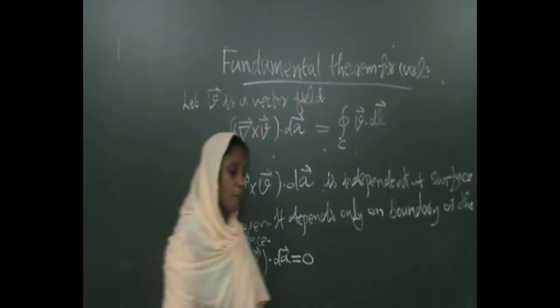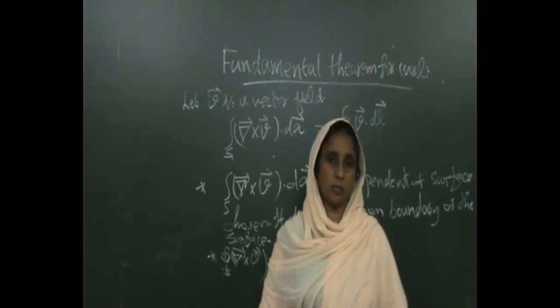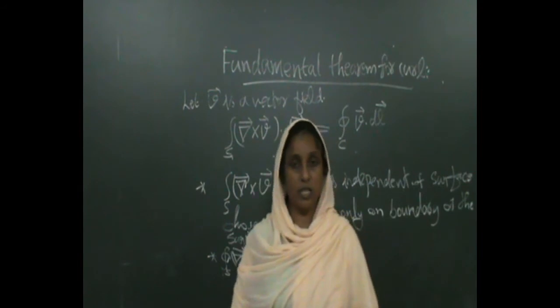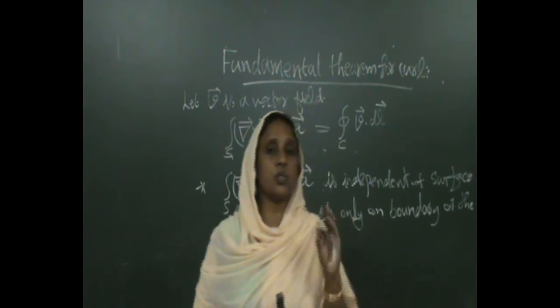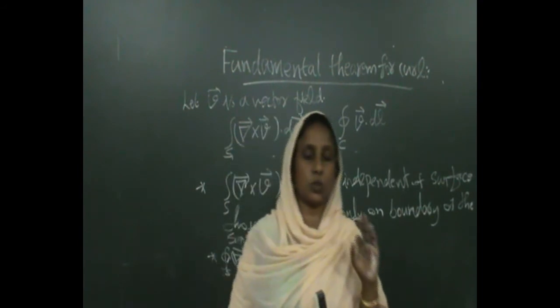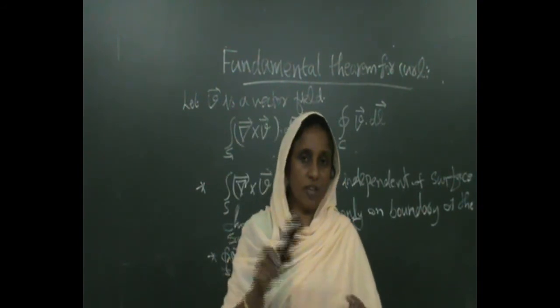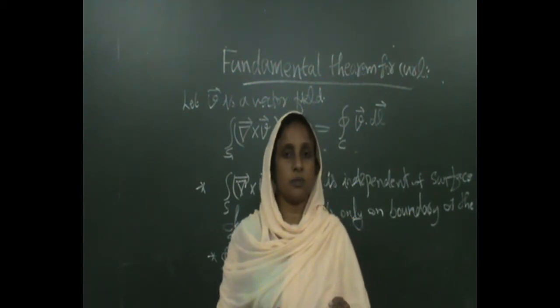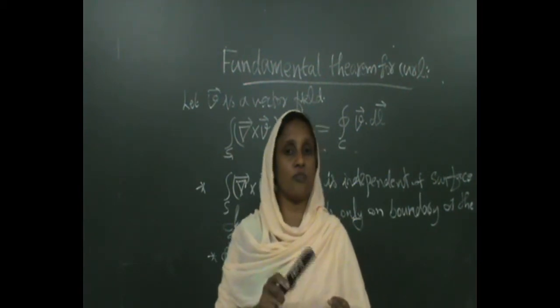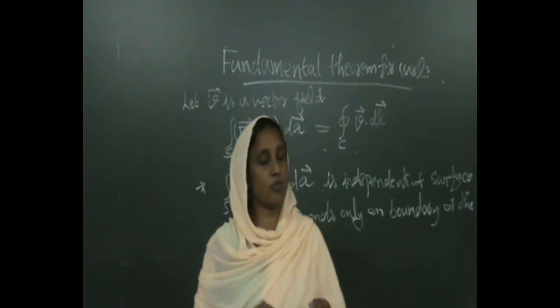These are the main points connected with this fundamental theorem for curl. Here we state that the total swirling of a vector field is always equal to its circulation. Another point is that the surface integral of the curl of a vector field is always independent of the surface chosen.